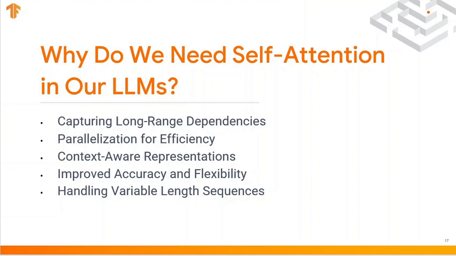Handle variable length sequences, yes, there was a limitation in neural networks. You could not pass beyond a certain length, but in transformer based architecture, you can pass up to a certain number of tokens in your input, and that input can be easily processed in parallelization, and that can give you very accurate responses.